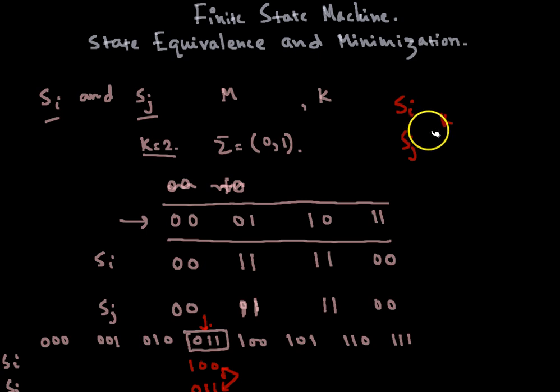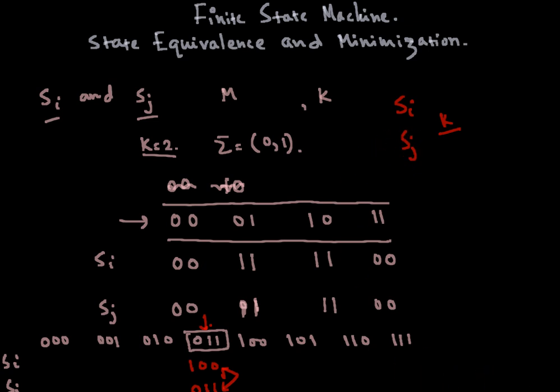Otherwise, if they produce same output sequence for all input strings of length k considering Si and Sj as initial state, then we say that Si and Sj are equivalent up to length k.